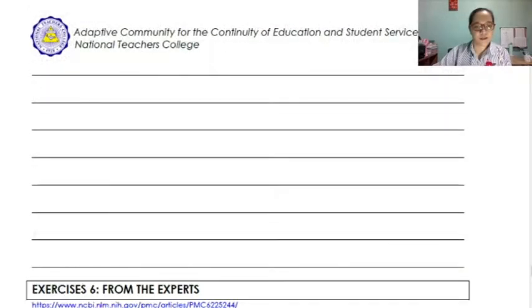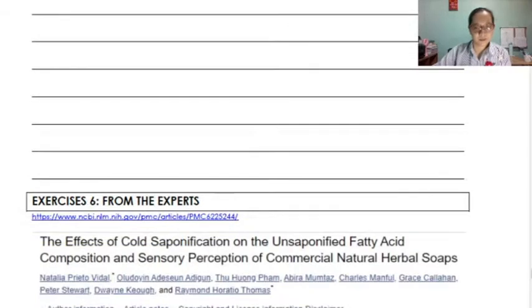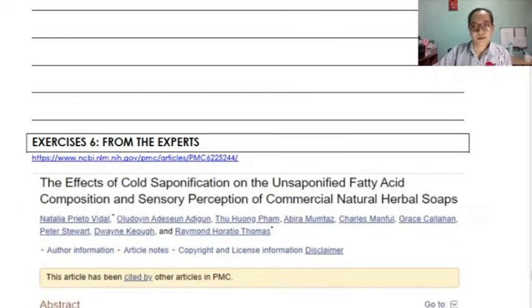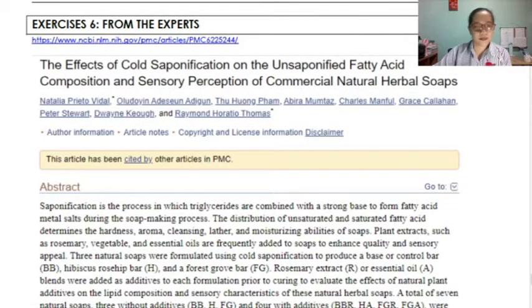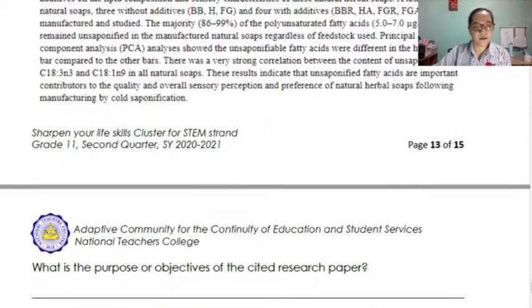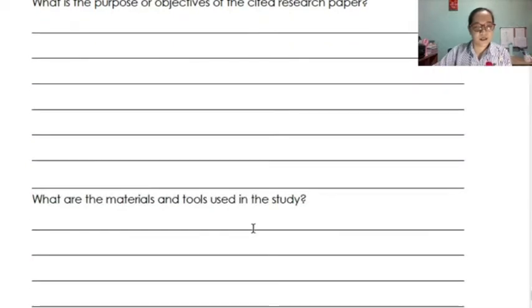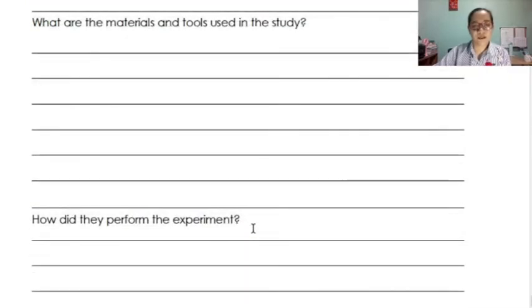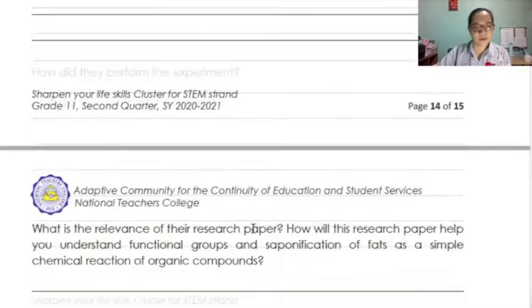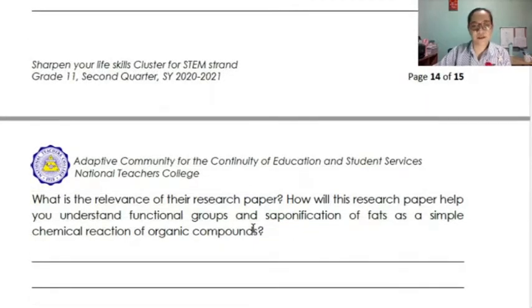And for exercise 6, from the experts, this is a practice for your let's prepare assessment. So you will read this experiment or this article, and then a follow-up question is provided: what is the purpose or objective of the cited research paper, what are the materials and tools used in the study, how did they perform the experiment, and what is the relevance of their research paper.